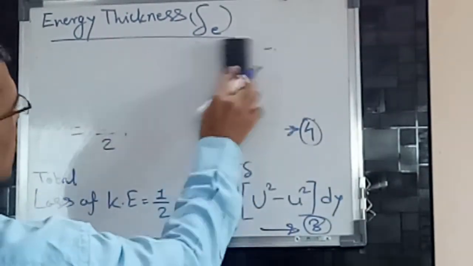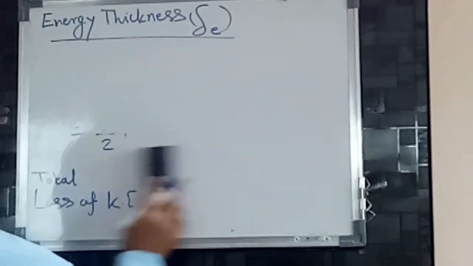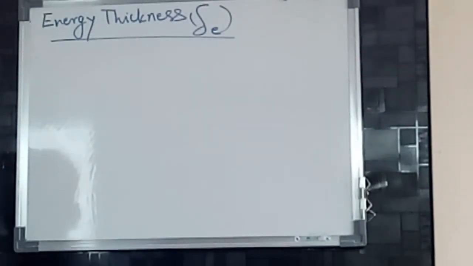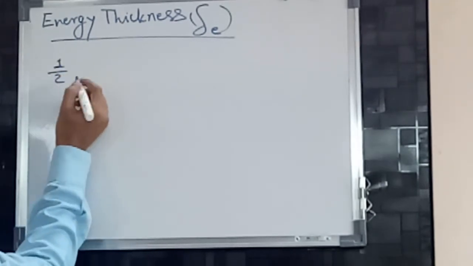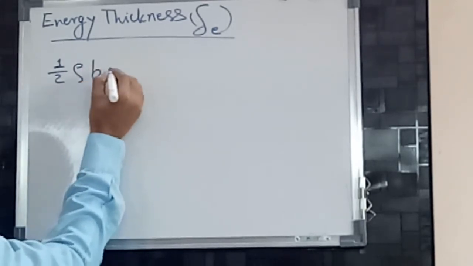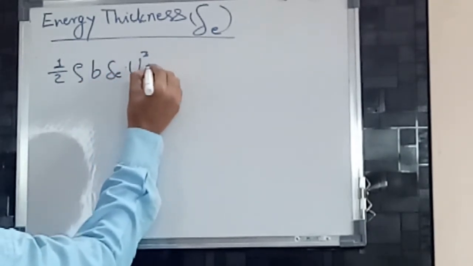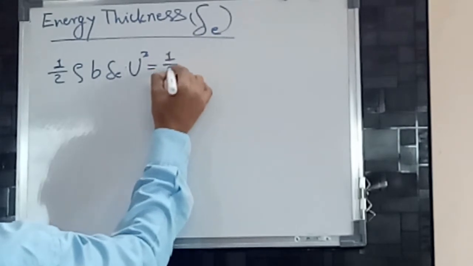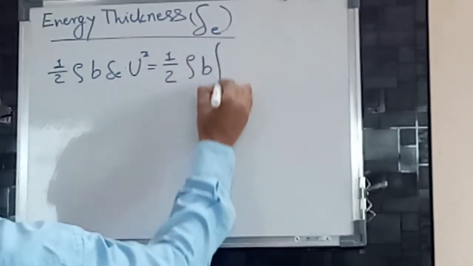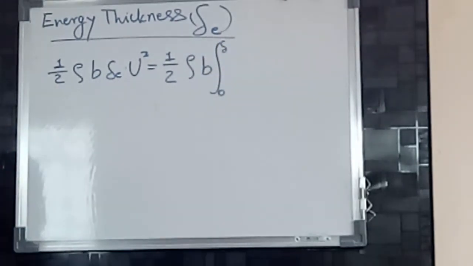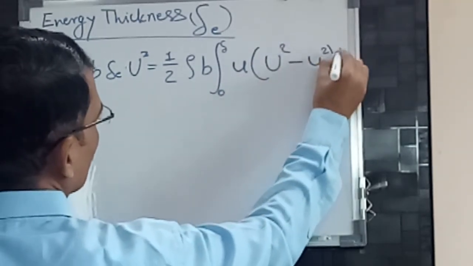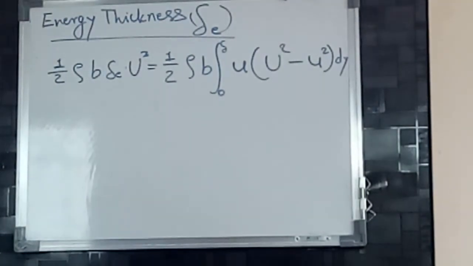We'll see. 1/2 rho b delta suffix E into U cube equal to 1 divided by 2 rho b, then integration 0 to delta, u into U square minus u square into dy. Okay.